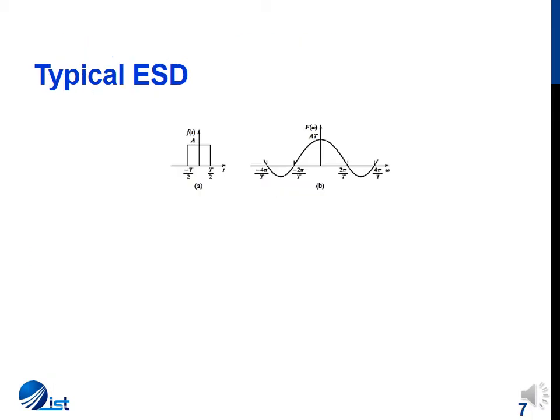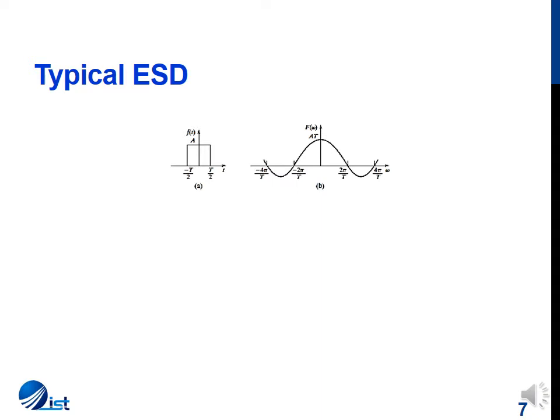So how a typical ESD curve would look is illustrated on this slide. Shown on the slide is a typical gate function or a pulse, and this is the Fourier transform, which is a sinc function. I am sure by this point you are very well aware of how to determine the zero crossings of the sinc function.